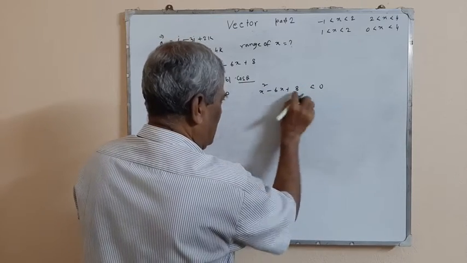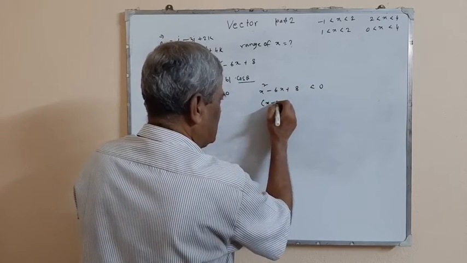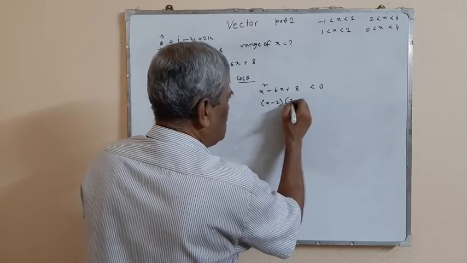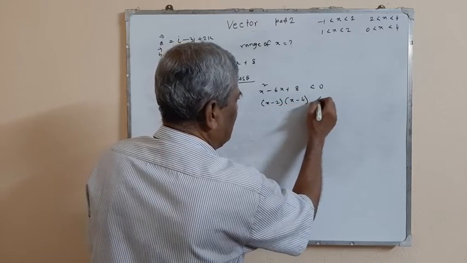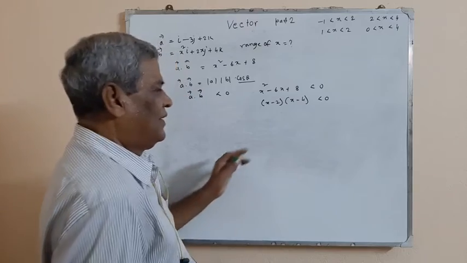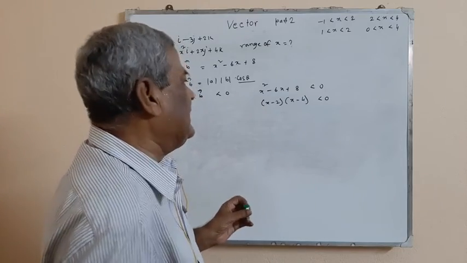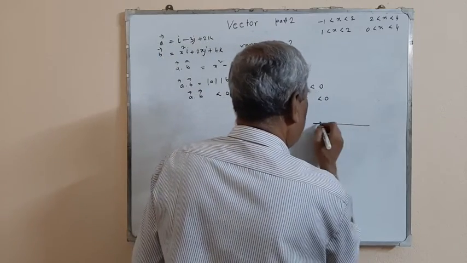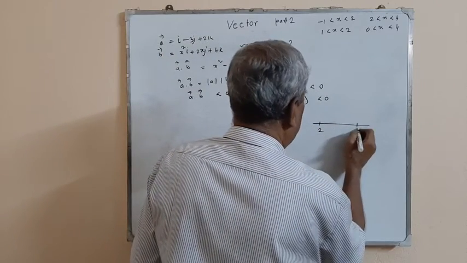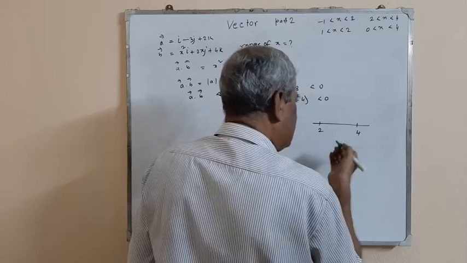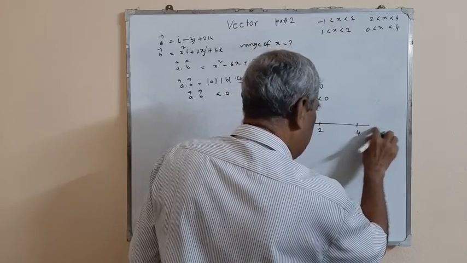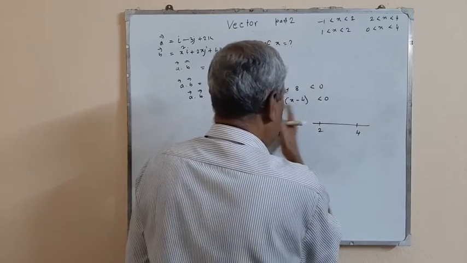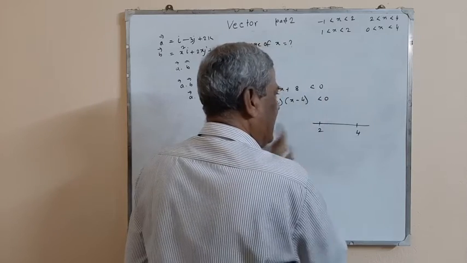That is, factorizing this, (x minus 2) into (x minus 4) is negative. So x is such a quantity that this into that is negative. This point is 2, this point is 4. If x lies after 4, this is positive, this is positive, it cannot be negative.